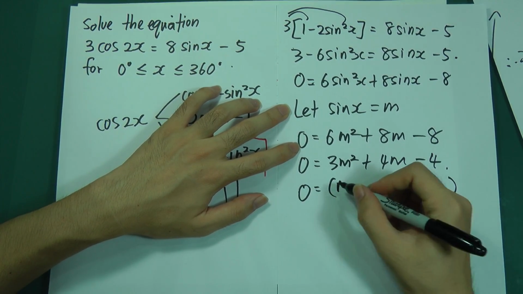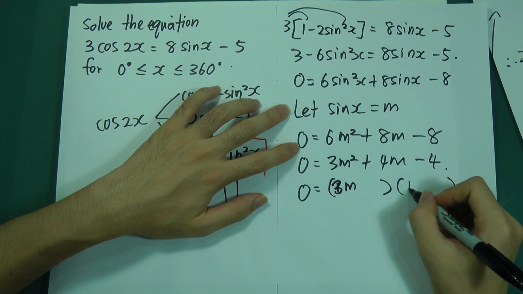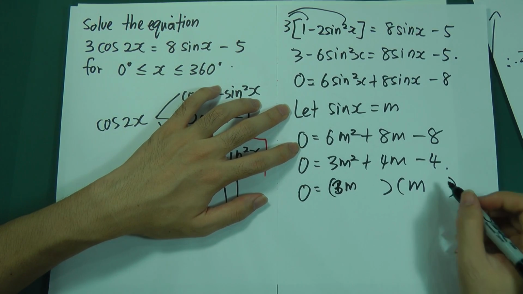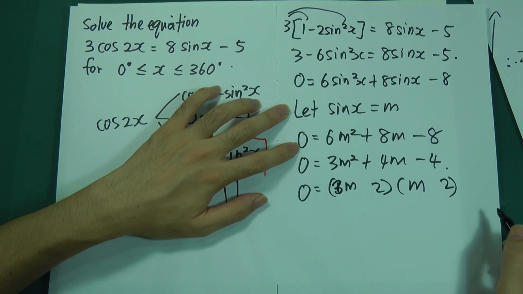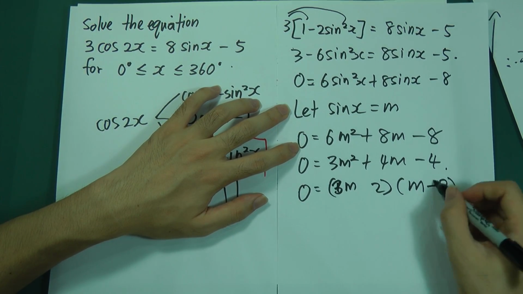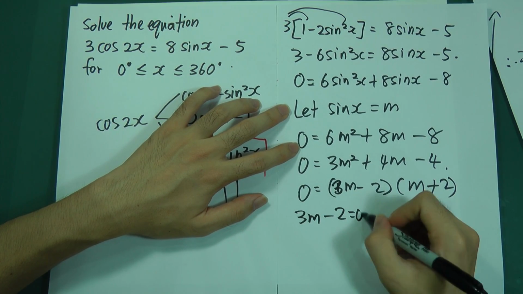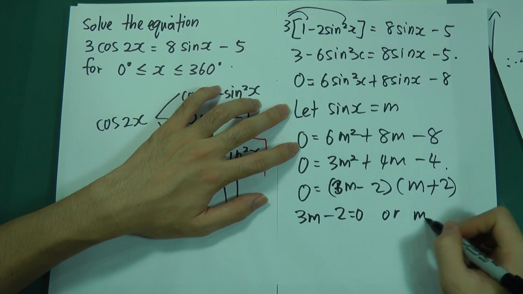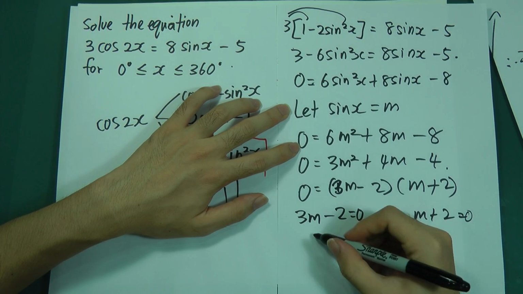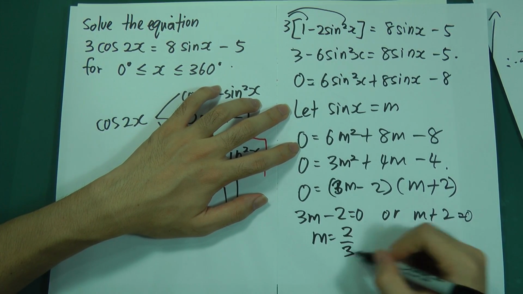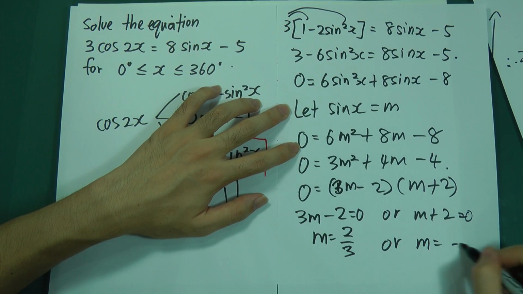So this is 3m and this is m. In order to get positive 4, it is positive 6, negative 2. So 3m minus 2 equal to 0, or m plus 2 equal to 0. Then m equals 2 over 3, or m equals negative 2.